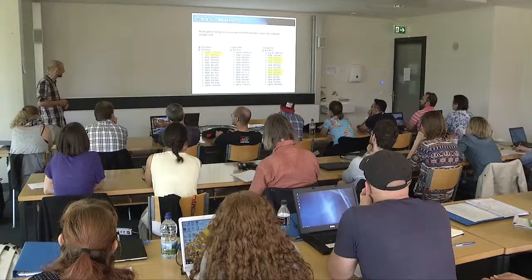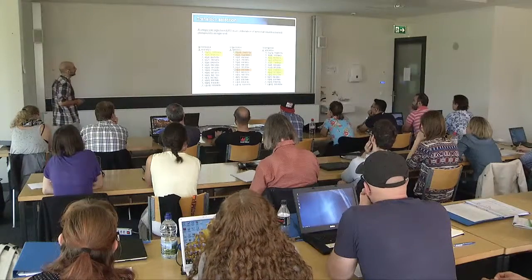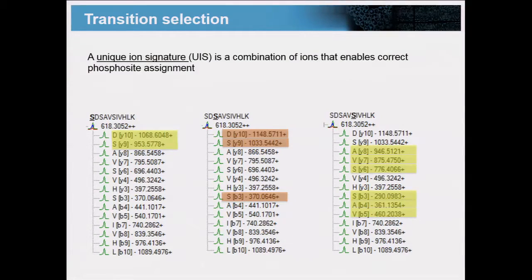Well, I have an idea. The idea is to look at unique ion signatures. We don't look at single ions, but we look at combinations of ions that are unique. So look at these two ions. They are common to these, but they are not common to this. And this B3 ion is common to these two, but not here. So the combination of these three ions is unique to one localization.